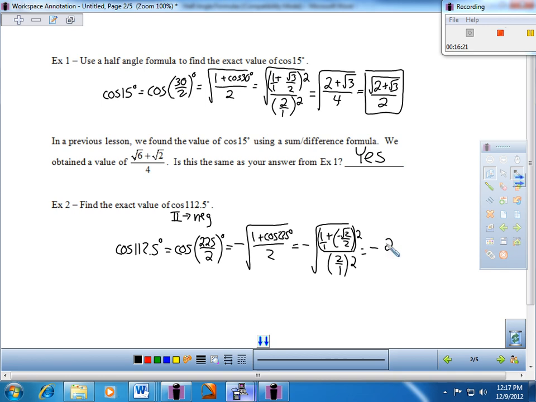I get 2, 1 times 2, there it is. And then plus a negative, so this is going to change to a minus right there. These 2's would cancel, everybody, and I get root 2. And then over 2 times 2, which is 4. And that's what's under the root at this point. So negative root of 2 minus root 2, and then over 4.